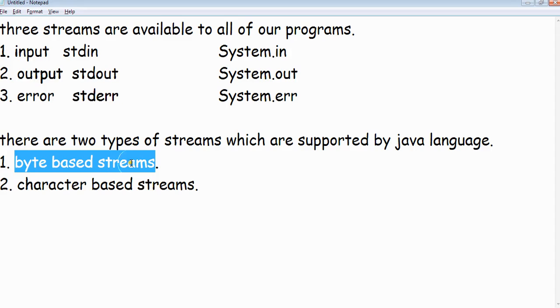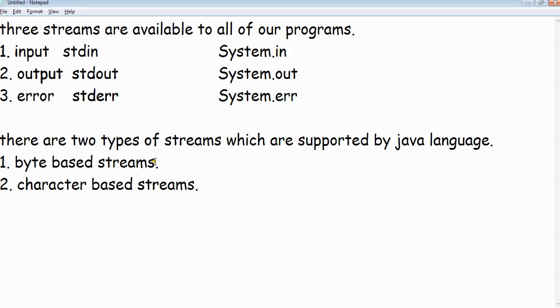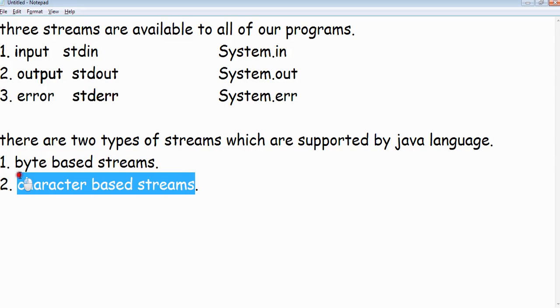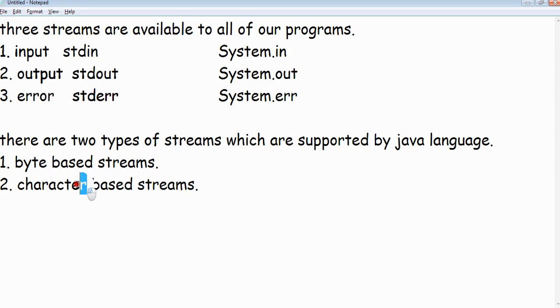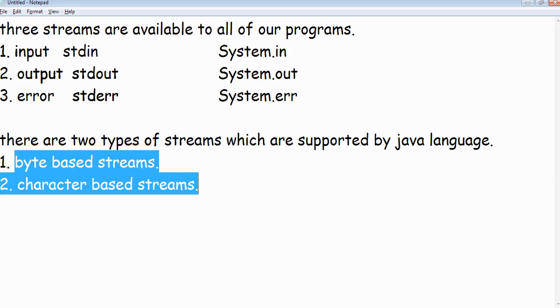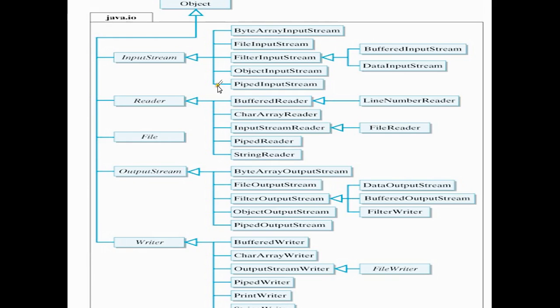That means the language should have not more than 256 typable characters. But if a language has more than 256 alphabets, then you have to use character-based streams, because a character-based stream will support languages having up to approximately 65,000 characters. So this is the basic difference between the byte-based streams and the character-based streams.